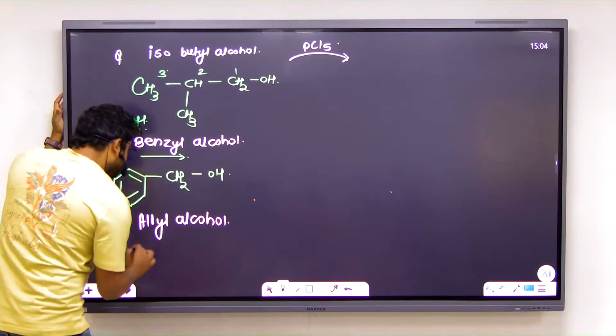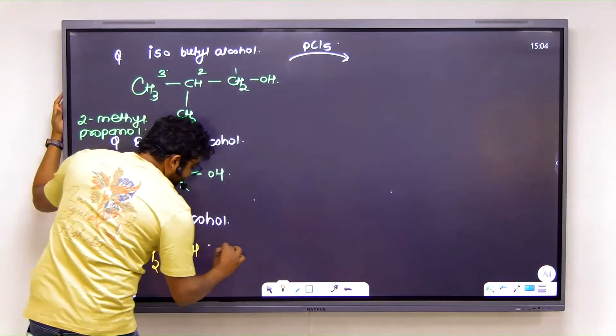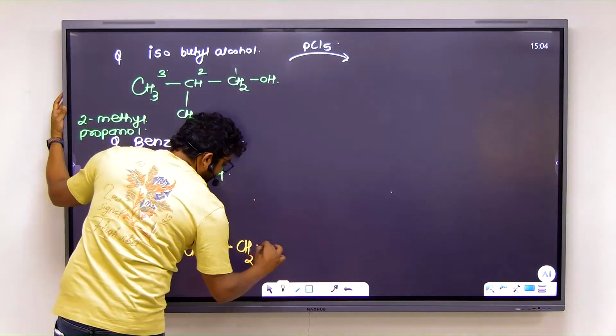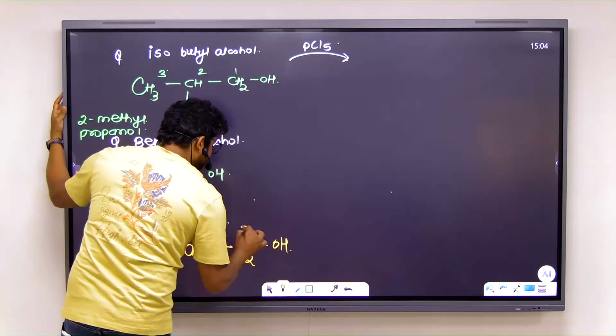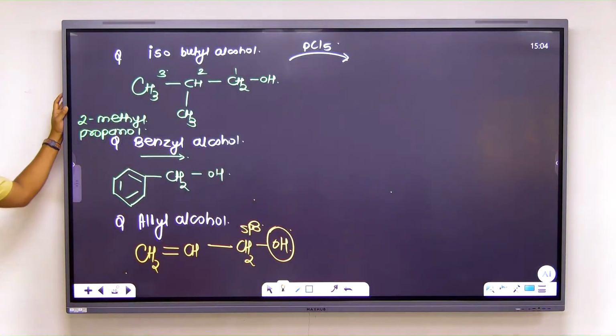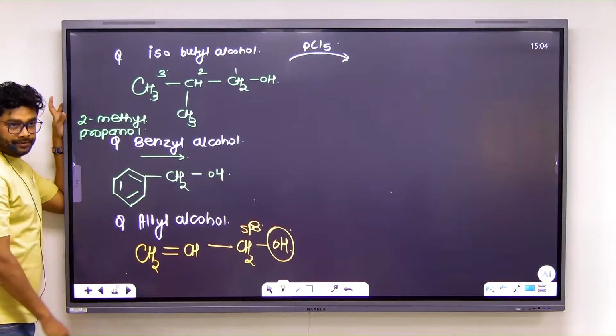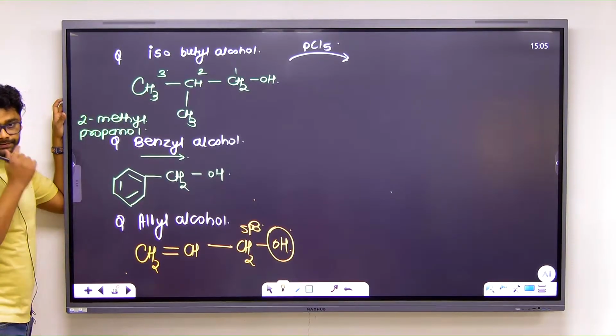Then allyl alcohol is that alcohol which contains a carbon next to the carbon-carbon double bond having sp3 hybridization. It contains the OH group. Are you comfortable with this name? Yes or no? Yes.